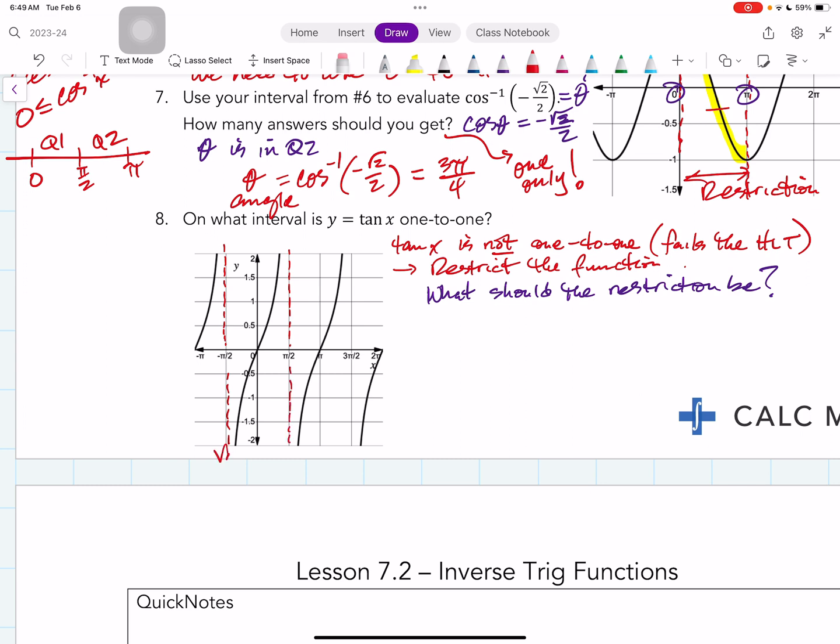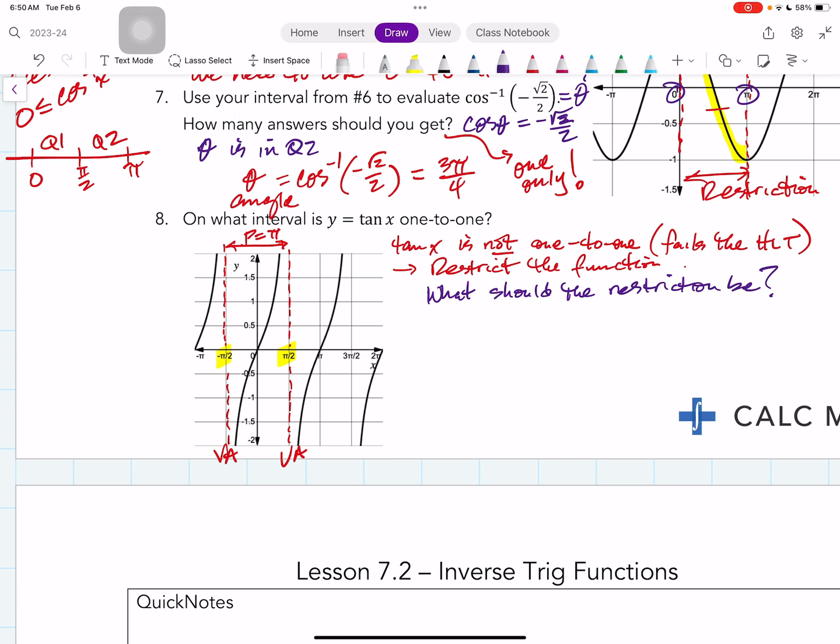These are your vertical asymptotes. If you look at just one period only, remember the period of tangent is pi, the distance between negative pi halves and pi halves is pi. If you look at one period only, it does pass the horizontal line test. So we need to restrict the tangent function from negative pi halves to pi halves.